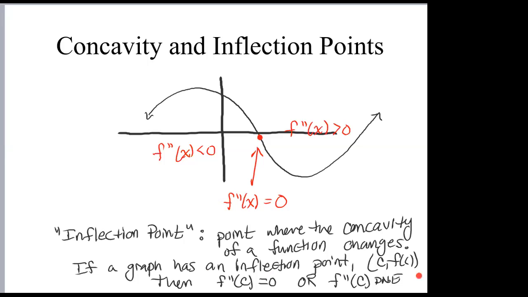Okay, maybe let's do one example. Let's do this example. Let's let f of x equal e to the x times x minus 3. And let's determine intervals where f is concave up and concave down.